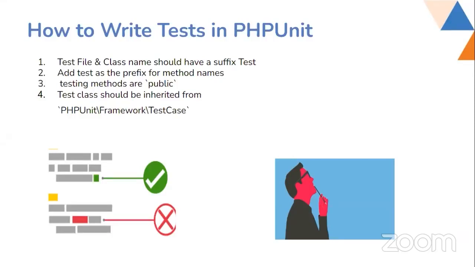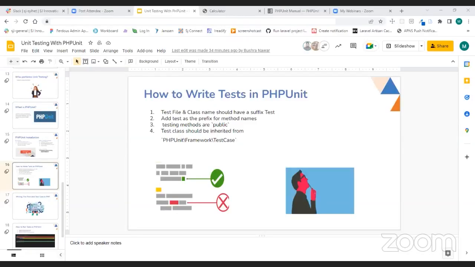So now I'll show you how to do the testing in one of the projects. Due to the time limit, I'll show you this testing from one of my existing projects where I already implemented unit testing. This is one of my calculator projects and I already integrated unit testing for this project.